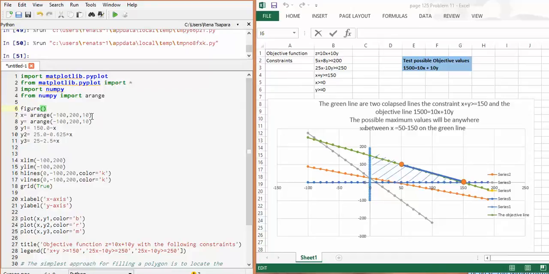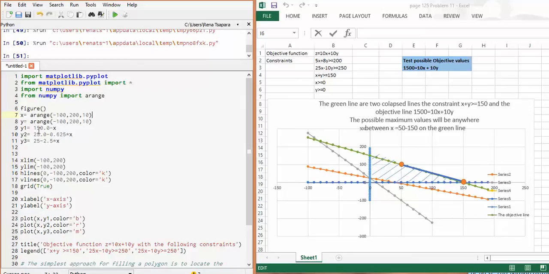This defines between what numbers the x will run. It will be between negative 100 and 200, and on the graph we are going to show a step of 10, so we are going to increase by 10 on our graph. The y is the same arrangement from negative 100 to 200 with a step of 10.